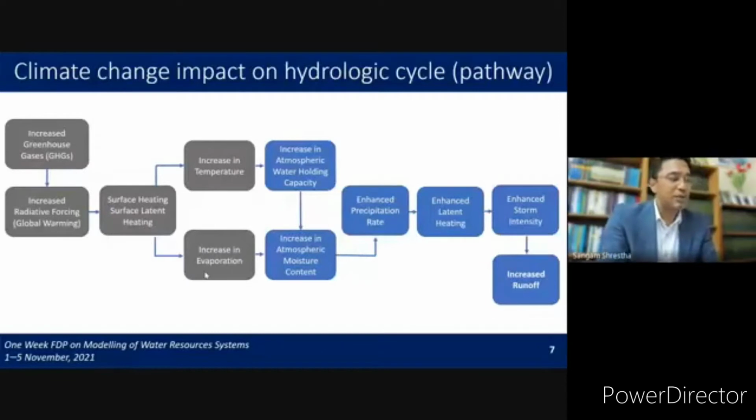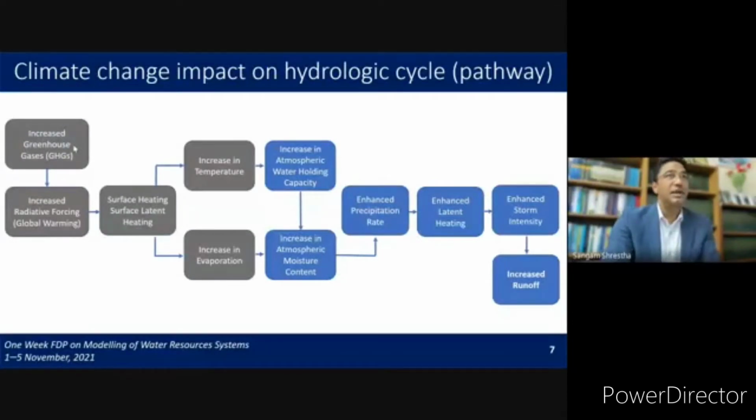Before that, I want to explain a little bit about the pathway of climate change impact on the hydrological cycle or water cycle. All of you know that there is an increase in greenhouse gas emission, and with it there is increased concentration of greenhouse gases in the atmosphere, such as carbon dioxide, nitrous oxide, sulfur dioxide, and so on.